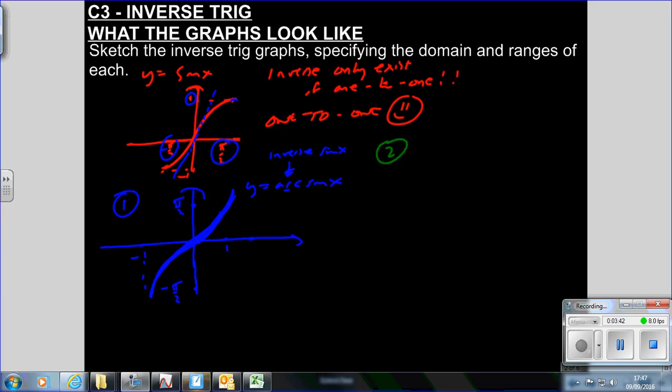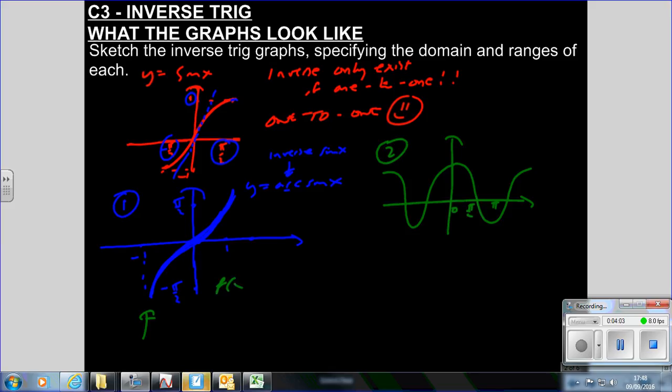So now we've got cos. There we go. So 0, pi by 2, pi. Again, this is a many to one function, which doesn't have an inverse. So we have to restrict the domain again. So notice here, I also need to define my domain. If f of x equals arc sine x, our domain, all the x values it can take, is between 1 and -1, whereas our f of x values range between pi by 2 and minus pi by 2.